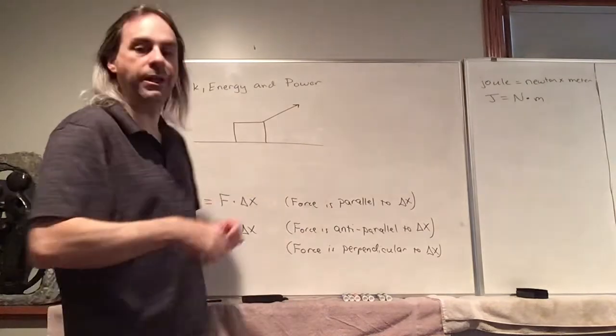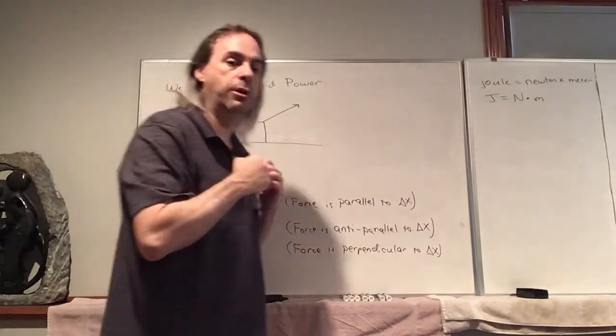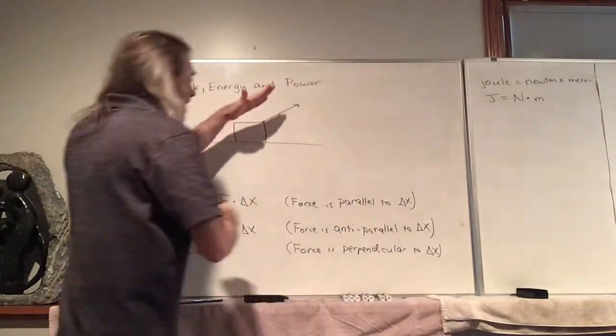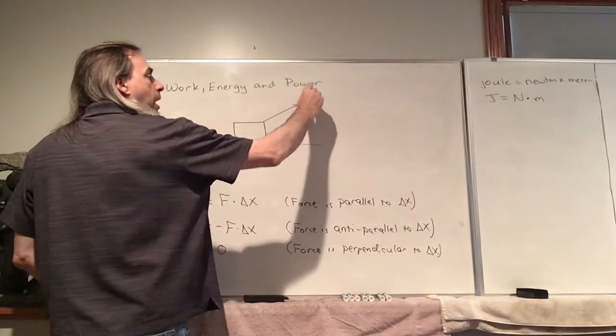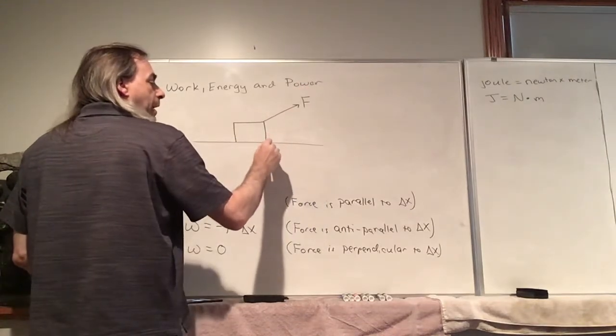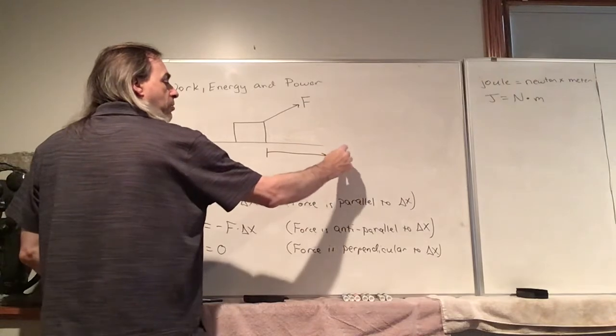Imagine you have a sled or a cart, and you tie a rope to it, and the rope's over your shoulder. So the rope makes an angle with the sled. Say we have a force applied in this direction, and the displacement is going to be just horizontal.